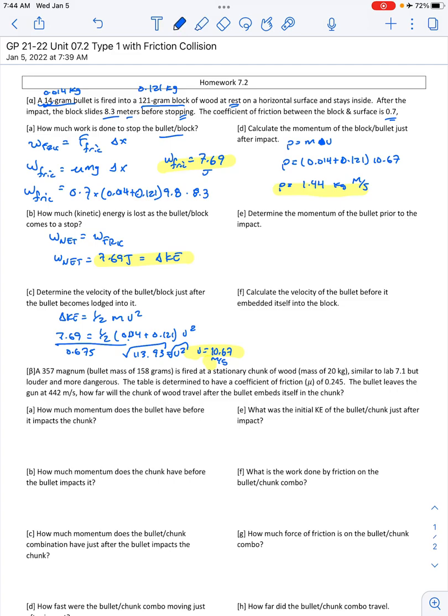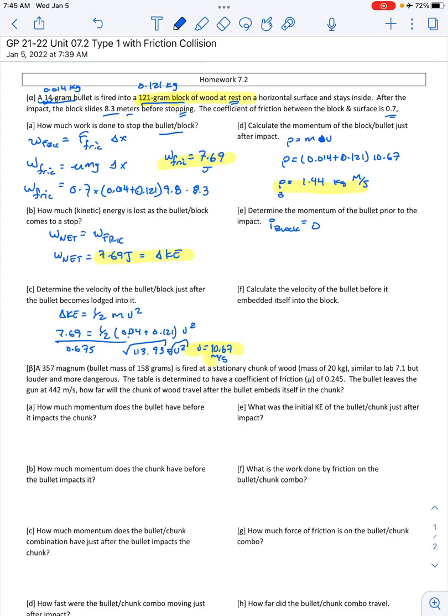Determine the momentum of the bullet prior to the impact. Well, this is where it gets interesting because remember, before impact, the only thing that was moving was the bullet because the block was at rest. So because the block was at rest in the beginning, that means the momentum of just the block is 0.